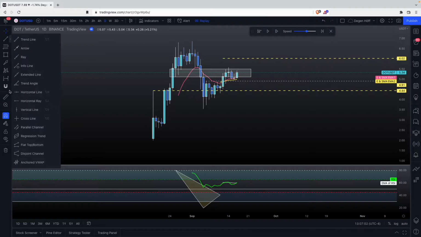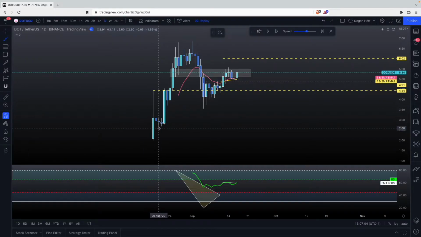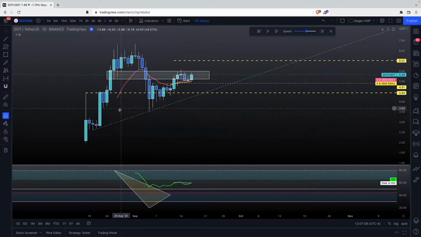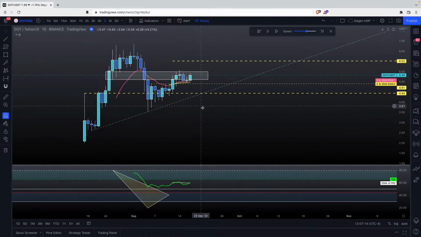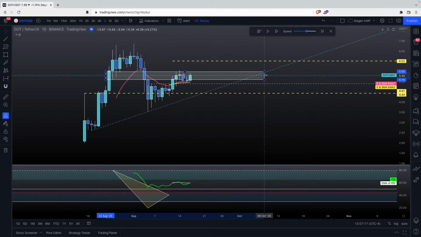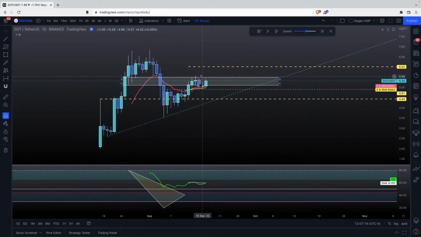So on the daily again, you could have something like this. So that would be like your demand line. If you wanted to enter, you could enter on a higher low back here if it does come down, if you're not in the position already. This looks kind of toppy at structure on the daily.